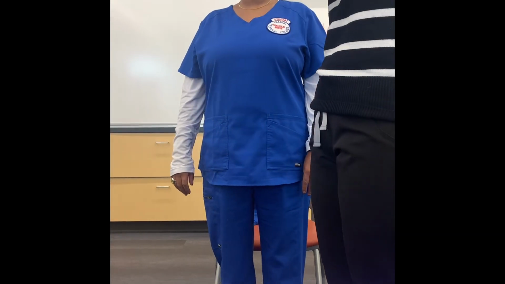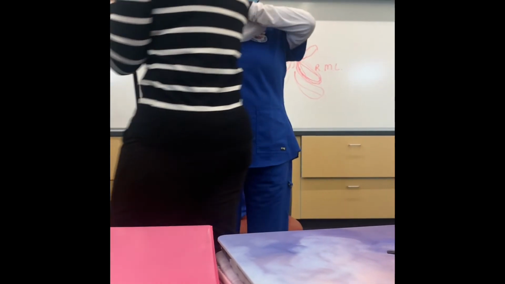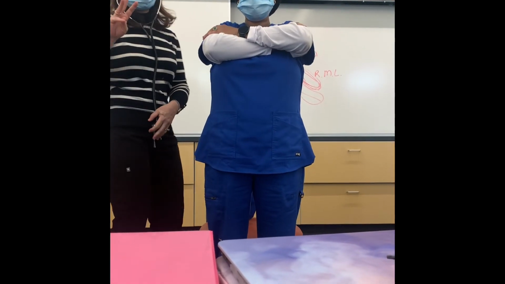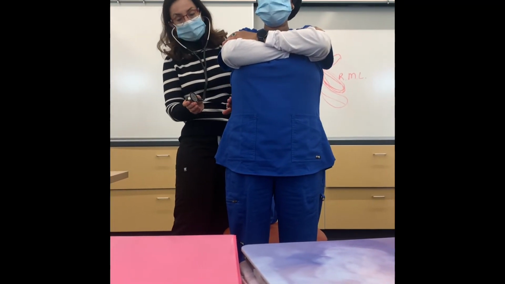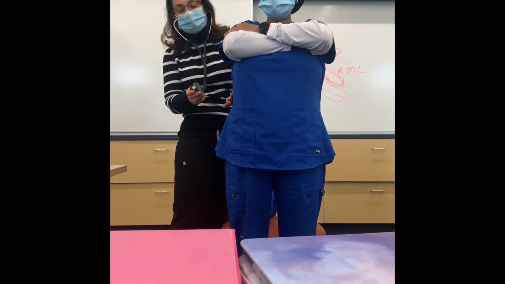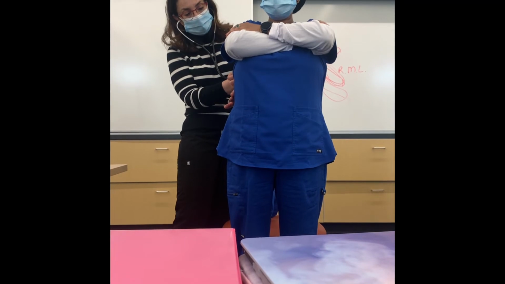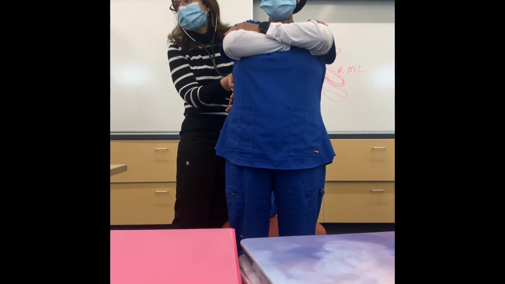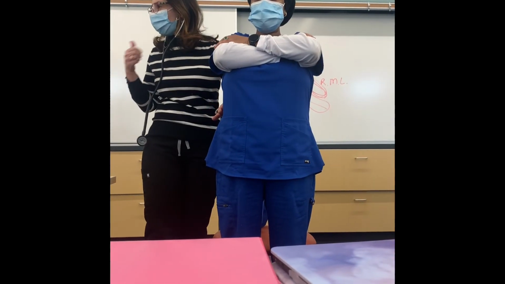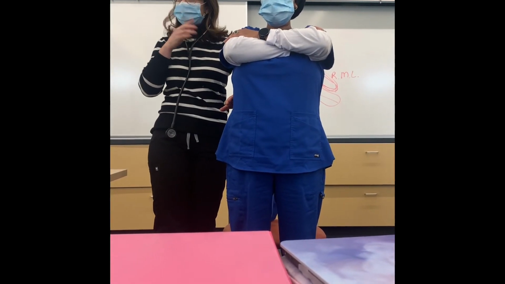I would have her give herself a hug, and then I would place my stethoscope in maybe 3 or 4 spots. Remember we said the diaphragm is right here, right? So it will be anywhere above where my hand is. Does it make sense to all of you?